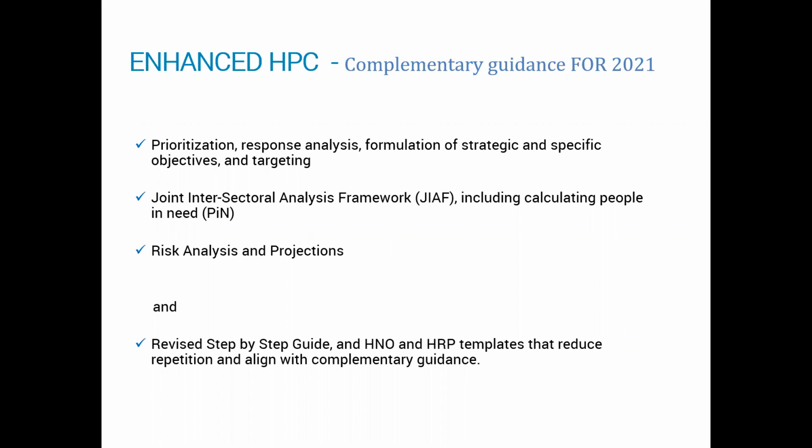No worry if so, there's still time to dive into that. A big chunk in the JIAF guidance is how to calculate PIN. There is additional guidance on collective prioritization, response analysis, and formulation of strategic and specific objectives. That's more on the planning side, which the JIAF tries to inform, and does so now more systematically.